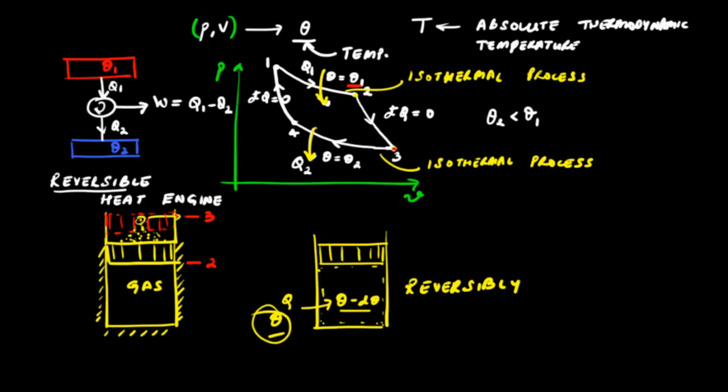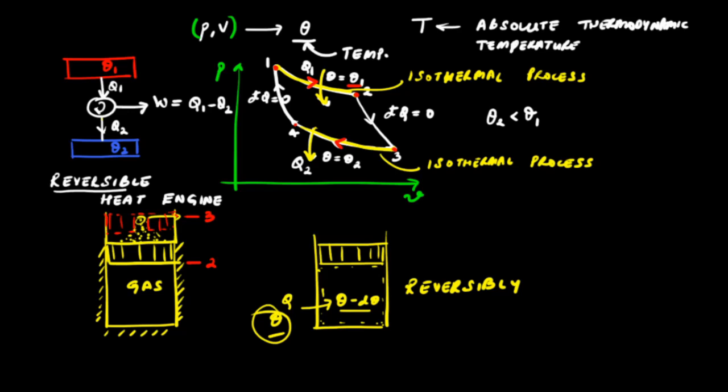So if you want to construct a system that operates in a cycle but reversibly takes in heat from a high temperature reservoir and rejects that heat reversibly to a low temperature reservoir, then the only way we can connect these states 1, 2, 3 and 4 is through these reversible adiabatic processes, because we do not want to have heat transfer in any process other than these isothermal processes.